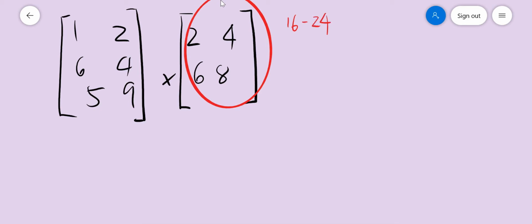That is minus 8. Then you find the inverse, which is 1 over minus 8 times first swap, that is 8, 2, and then minus signs, like this.